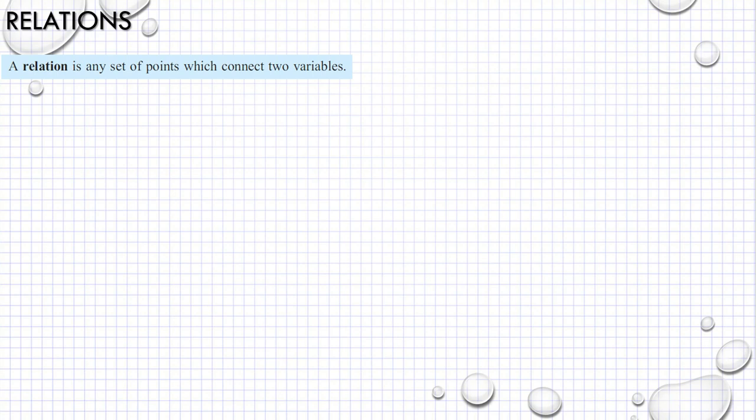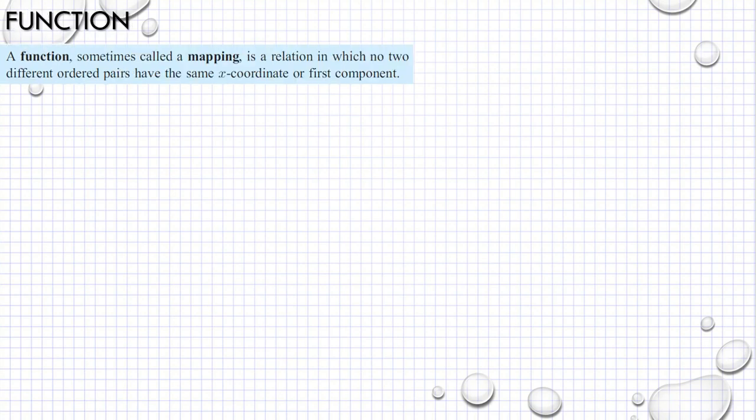Okay, and then we have the function. A function, sometimes called a mapping, is a relation of which no two different ordered pairs have the same x coordinate or first component. So let's see. For example, I have my x here: x sub 1, x sub 2, and then x sub n. And I have my y here.